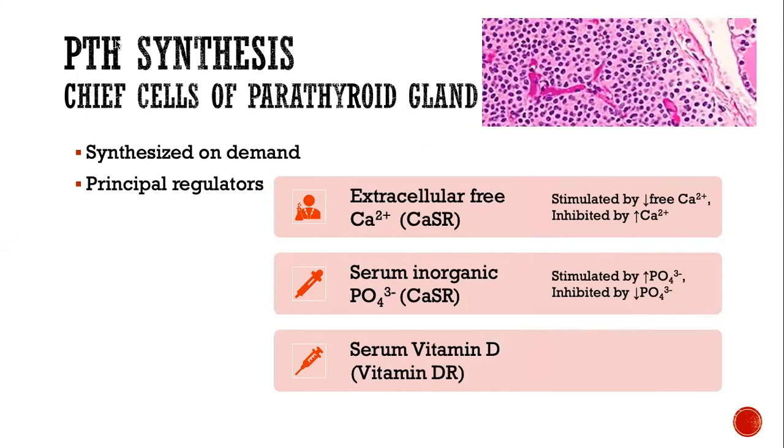Extracellular ionized calcium and phosphate are sensed by calcium sensing receptors on the chief cells. Low calcium levels and high phosphate levels are stimulatory, while high calcium levels and low phosphate levels are inhibitory. Serum vitamin D levels inhibit PTH synthesis at the gene transcription level.